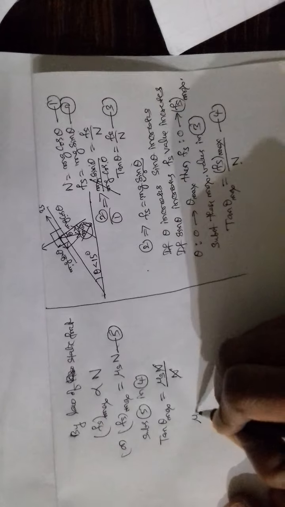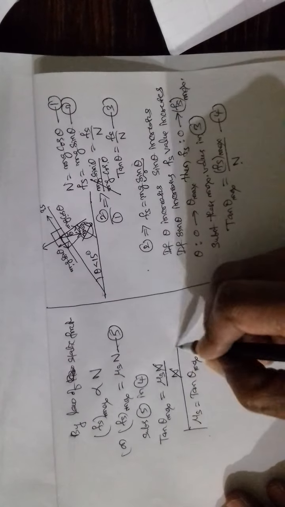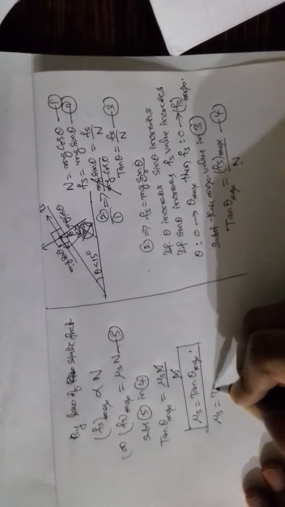So in this way you got mu s is equal to tan theta maximum. Let us substitute the theta maximum value given as 15 degrees. You get the answer, and that is 0.27.